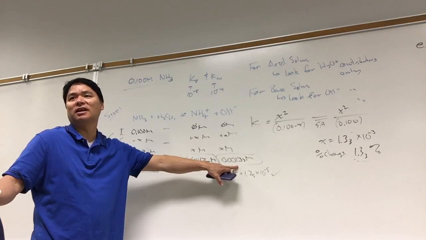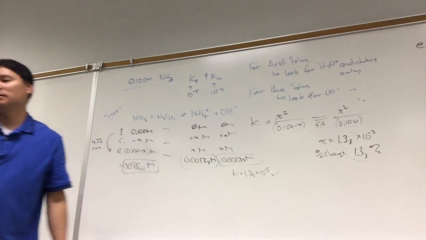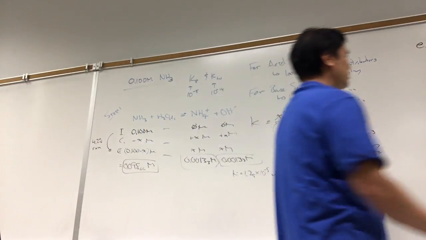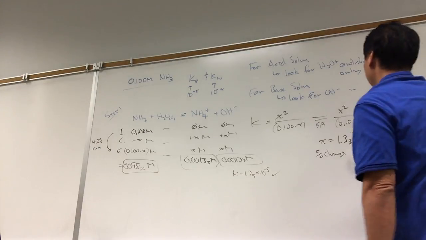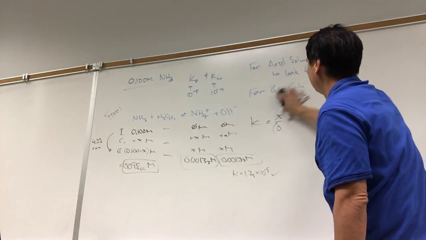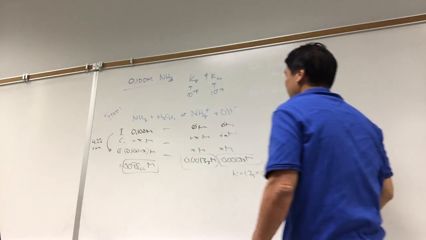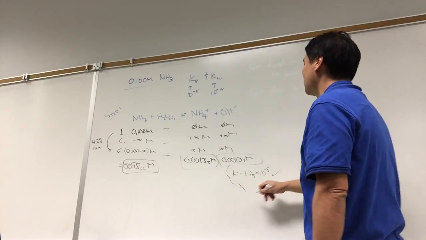And in fact, I'm going to get less than 10 to the minus 7 molar because of something called the common ion effect, which I just described using different words. If you're ever uncertain, just go ahead and calculate it because it's better to be safe than to miss it.